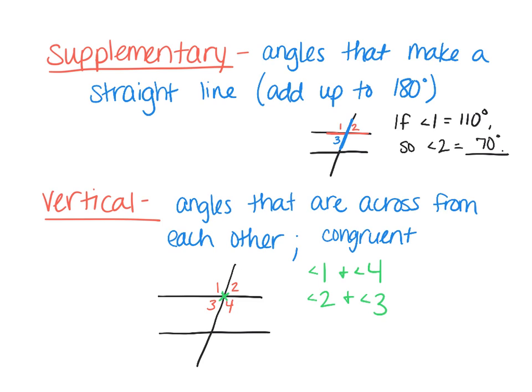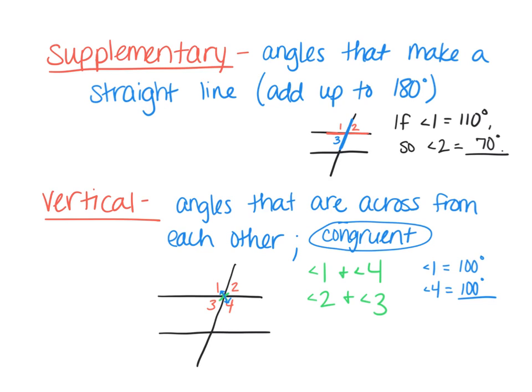So if I told you angle 1 was 100 degrees, and then I wanted to know the measure of angle 4, well, 1 and 4 are right across from each other. They have to be congruent. So that means angle 4 would also be 100 degrees.